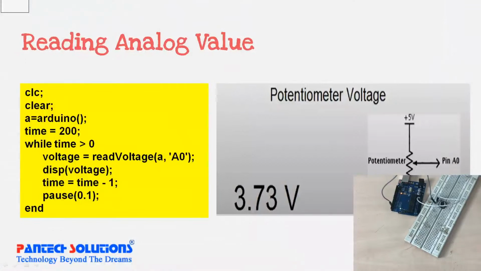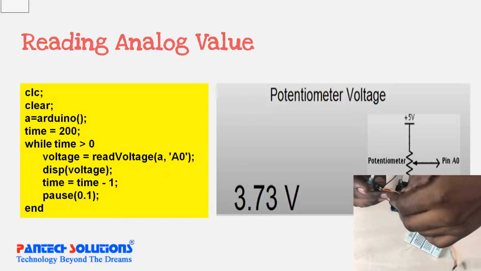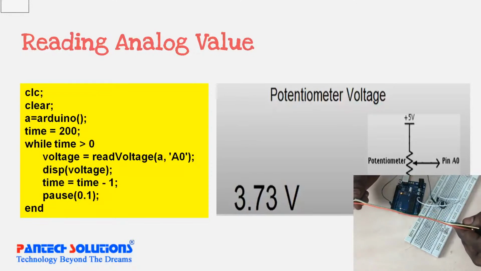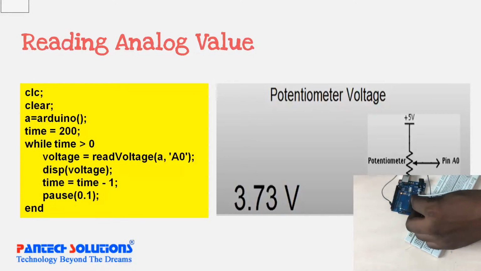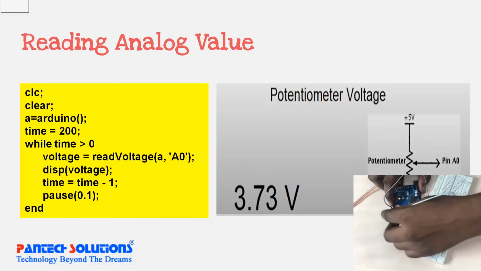First, I will go for the connection. My pot meter has orange, yellow, and green. So yellow is the, I'm going to disconnect this one.